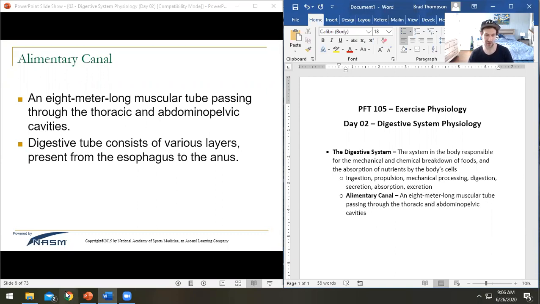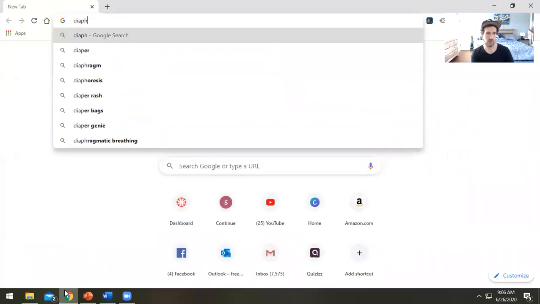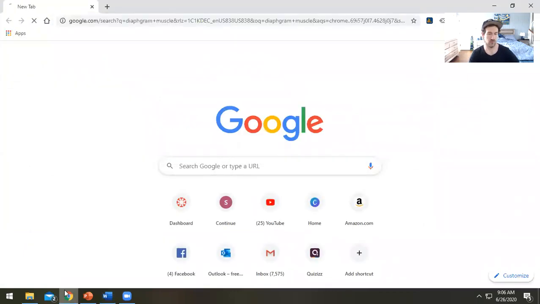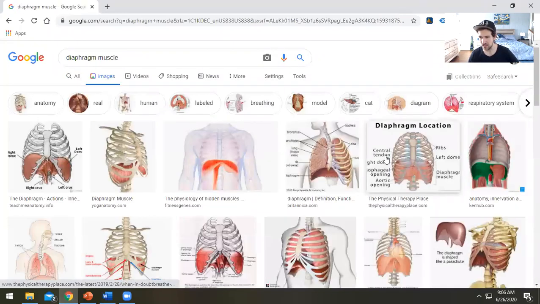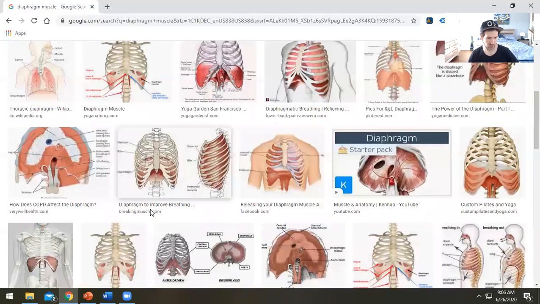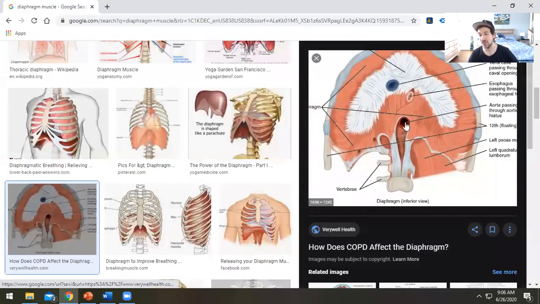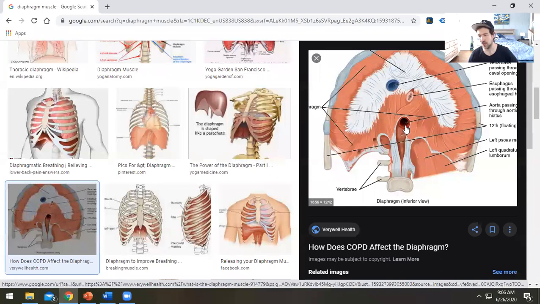So when you look at your diaphragm, if you take a look at it, you'll actually see it's got a hole in the center of it. And so you can see there, that's where your aorta is going to pass through. So this is where blood vessels pass through.